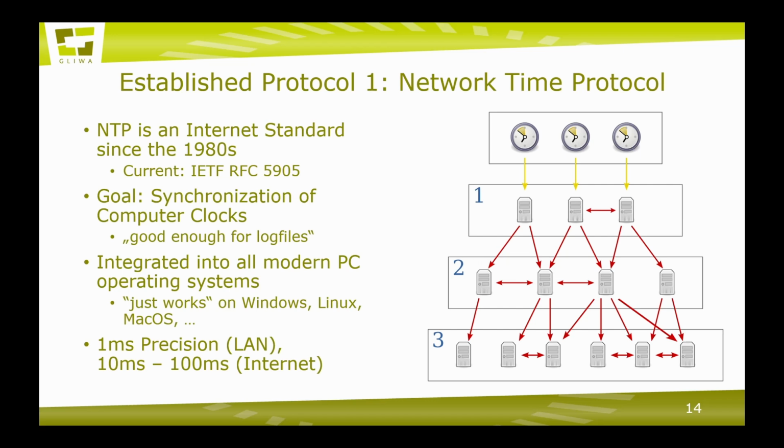It's already integrated into all modern PC operating systems. It's just there on Windows, Linux, Mac OS, FreeBSD and whatnot. The typical precision that can be reached is 1 millisecond when running on a local area network, and somewhere in the tens or hundreds when running over internet.